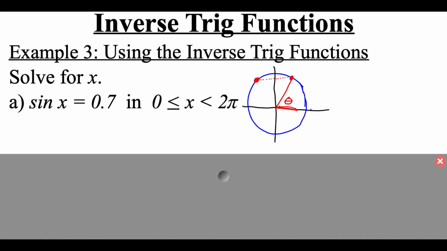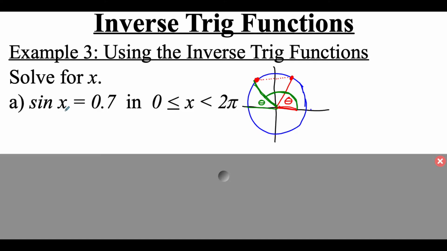There's a relationship between this angle theta and this other angle that would take us over into the second quadrant. This angle theta that I have drawn out in red and this angle over here on the left-hand side, those angles are exactly the same size. So once I know how big this angle theta is, I'm going to be able to figure out how big this second quadrant angle is as well.